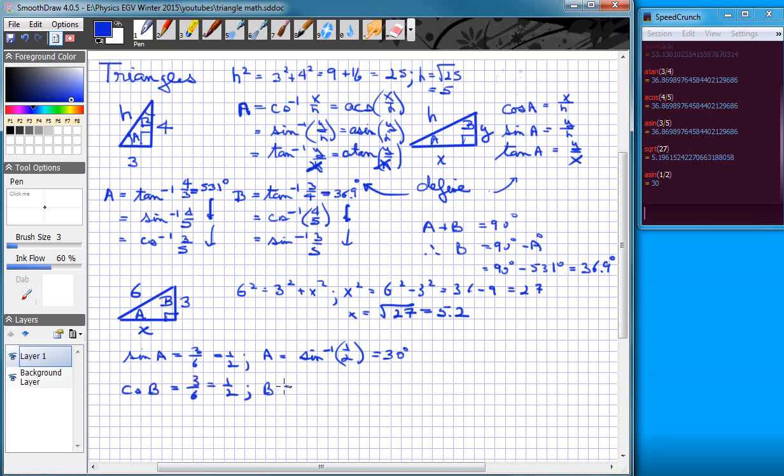And therefore B is equal to the inverse cosine of 1/2. Again, I'm going to use the calculator here. It's a cosine of 1/2, which is 60, as we knew because it had to be the complement of the angle.